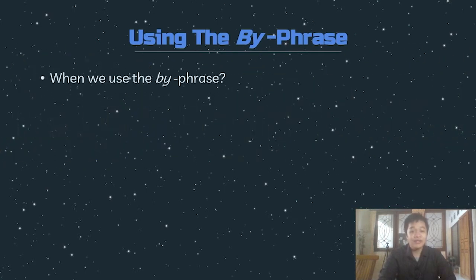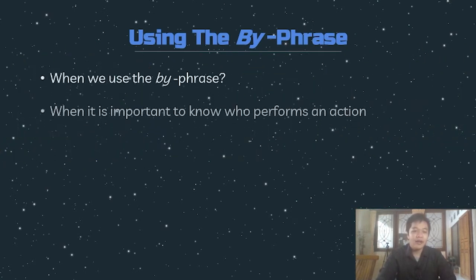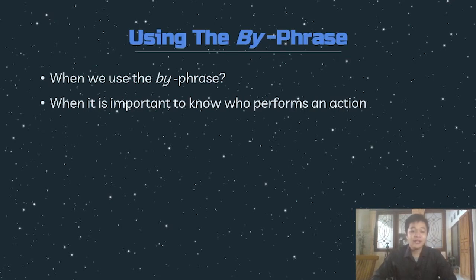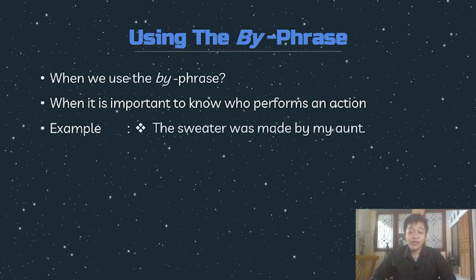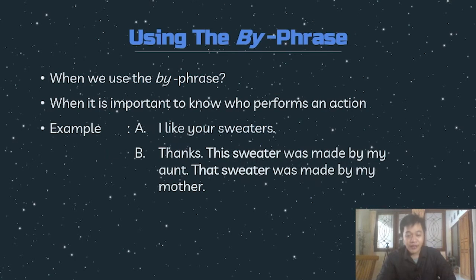We use the by phrase when it is important to know who performed an action. For example, the sweater was made by my mom. In this sentence, the speaker wanted the listener to know that the speaker's mom made the sweater. Another example is from this conversation.